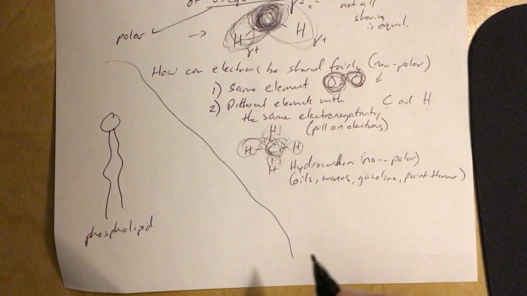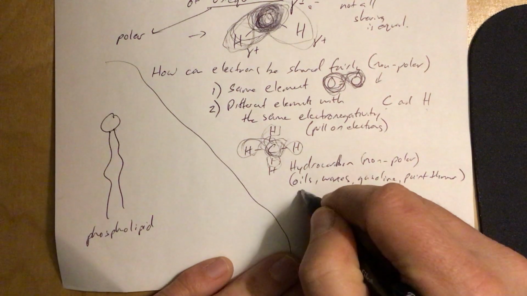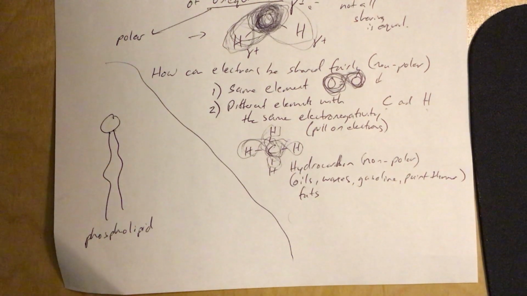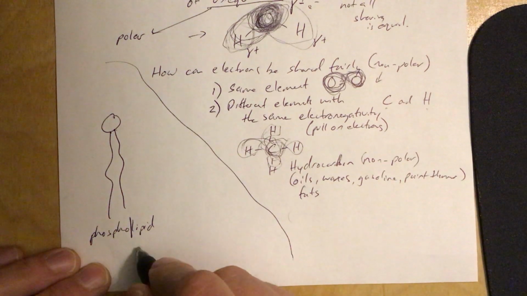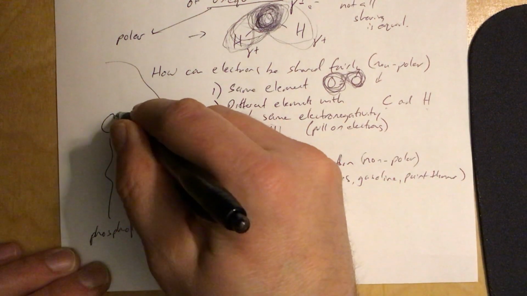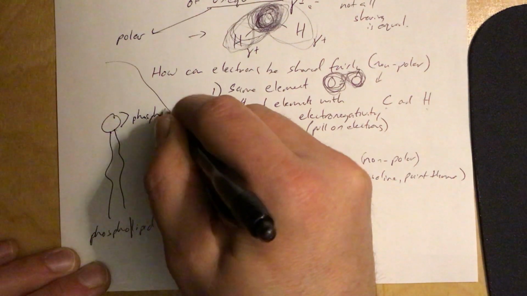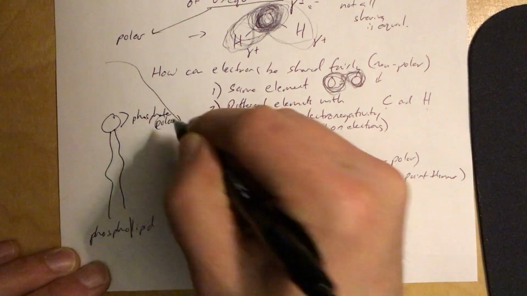A phospholipid. Now, oils, waxes, I put the word fats in here too. Oils, waxes, fats, things like that. Look, two words here. We got phospho on one side and lipid on the other, okay? Up here is the phosphate at the top, and it is polar, okay?